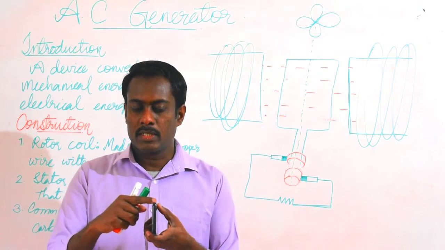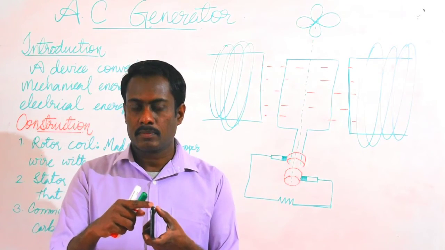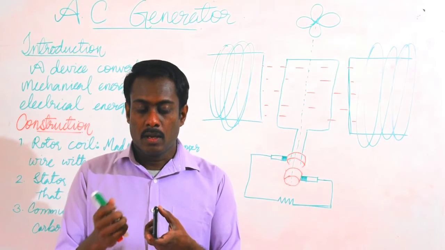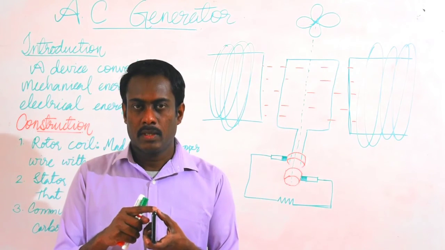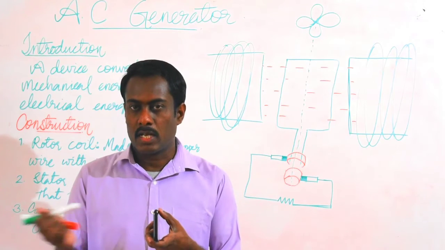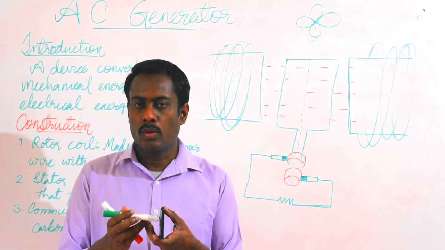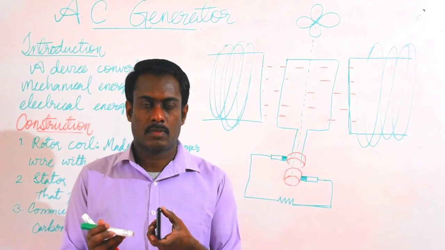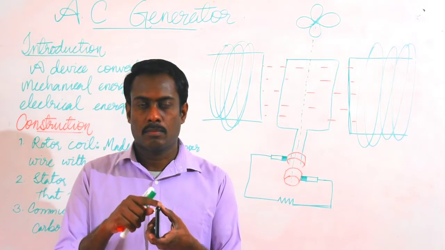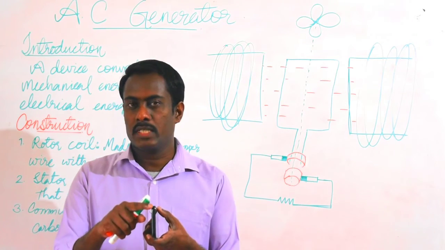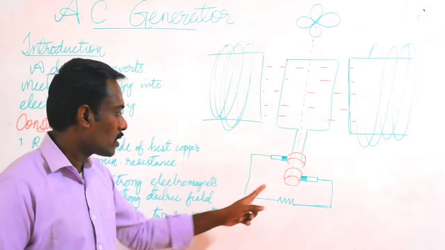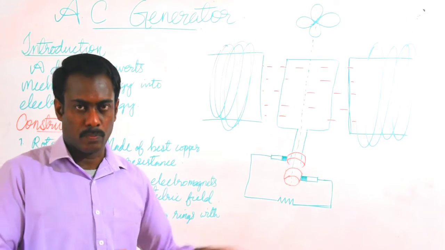When the armature is perpendicular to the magnetic field, the magnetic flux associated with the coil is maximum. But there is no change in the flux. So when there is no change in the flux, the induced current produced here will be 0.